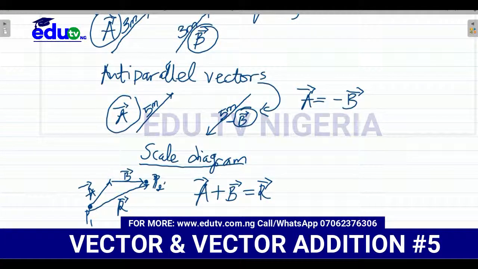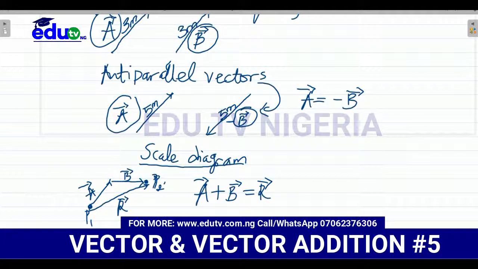And another thing, we use a scale diagram. When you have 3D vectors arranged together using a scale diagram, the addition of all the vectors will give us the resultant vector from one point to another point.